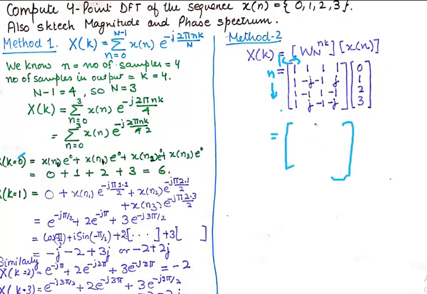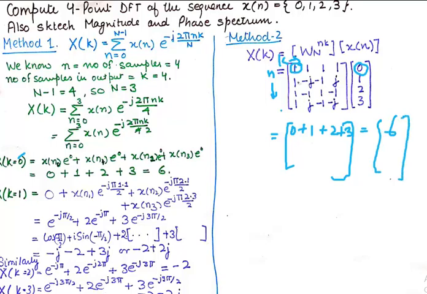You take up the first row and multiply it with the first column, element by element: 0 into 1 is 0, then 1 into 2 is 1, 1 into 2 is 2, 1 into 3 is 3. So sum them up and you'll get 6 as the first element.